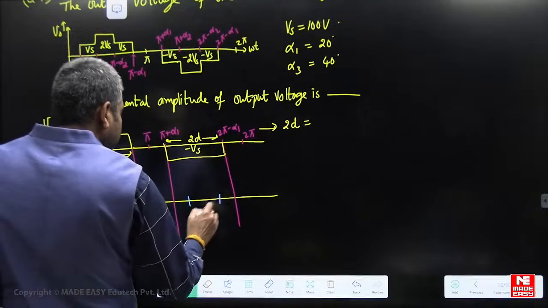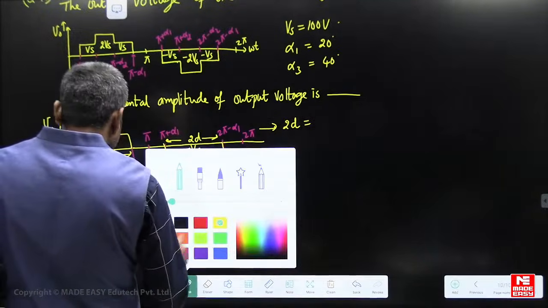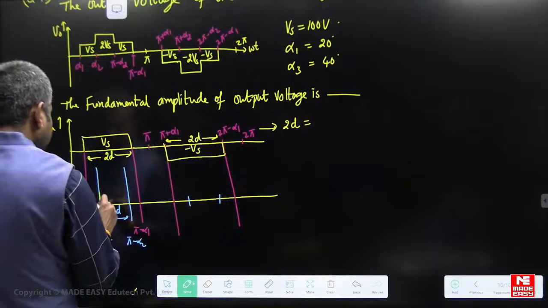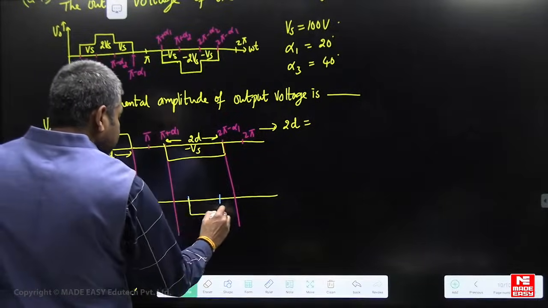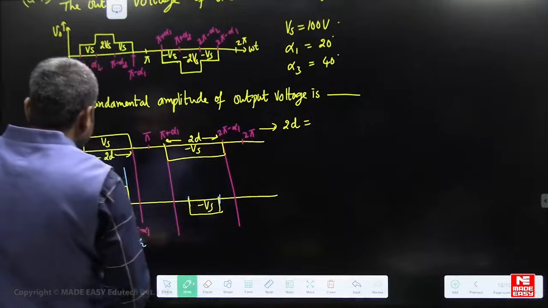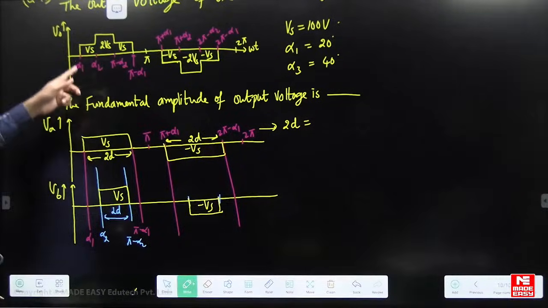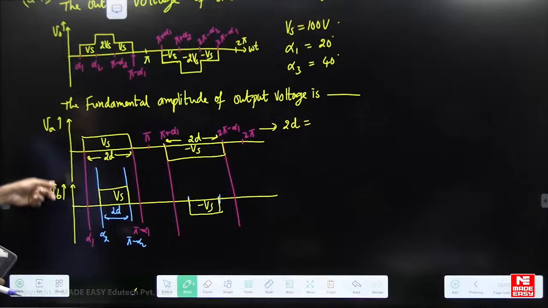Similarly, here also between these two, again Vs, again here minus Vs. Now, you add these two, the vector sum of these two, and you will get the output voltage, simple logic.